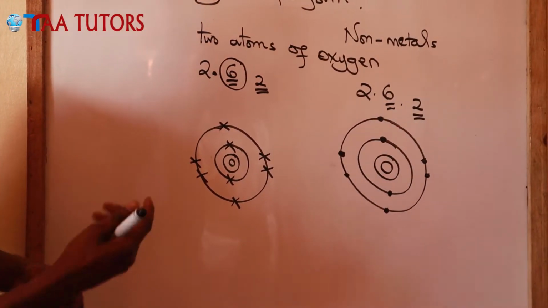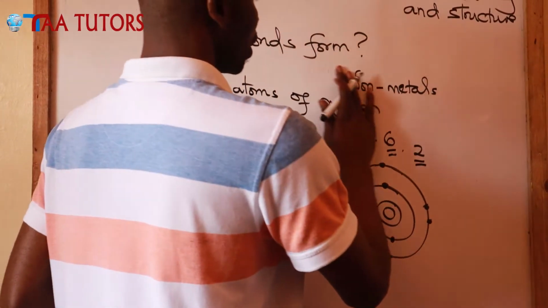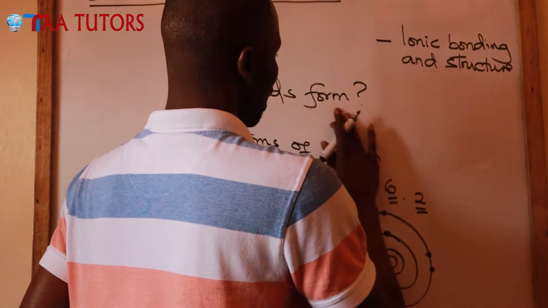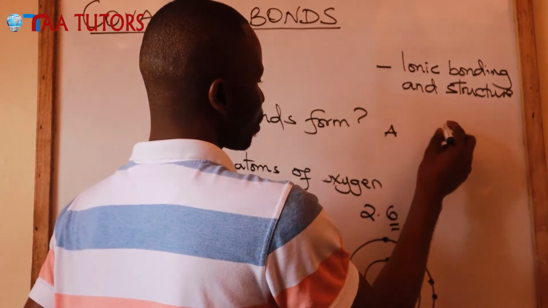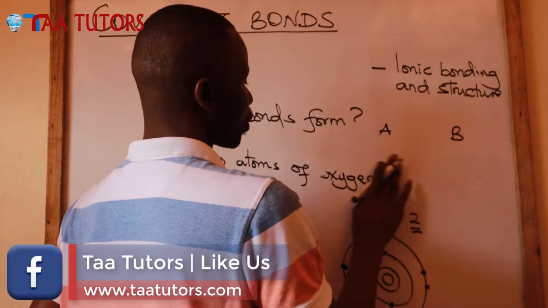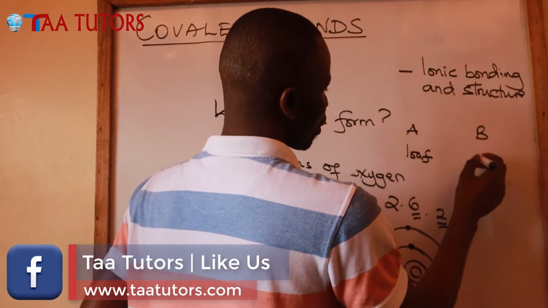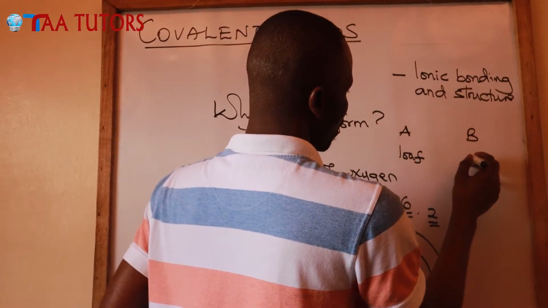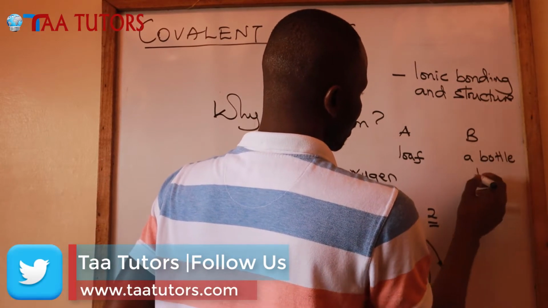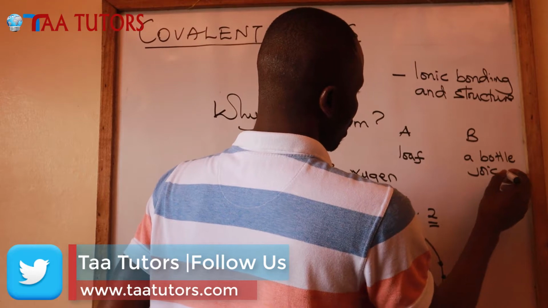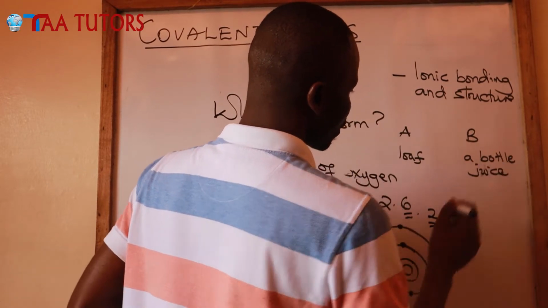Before I really explain here, I want to talk about a normal real life situation. Let's say we have person A and person B. Person B has a loaf of bread, and this one has a bottle of juice. And these people go out for a picnic.